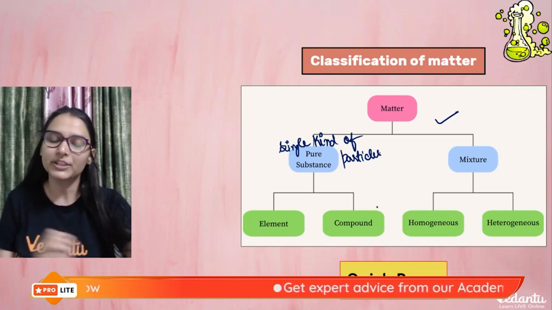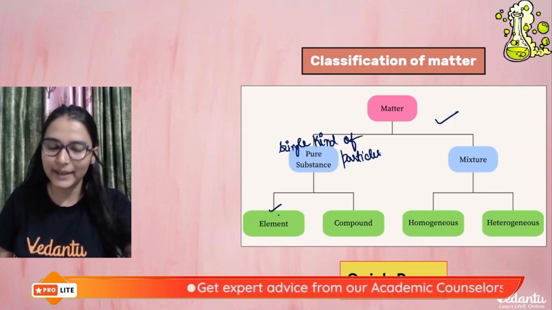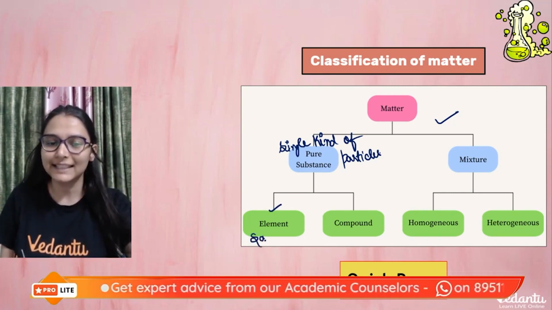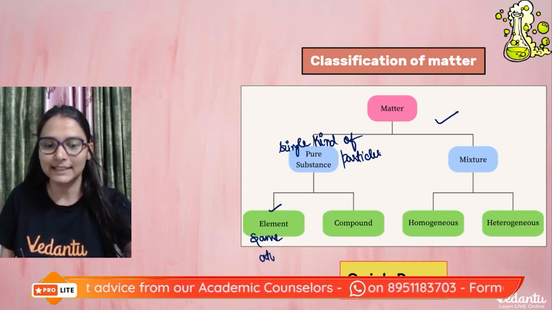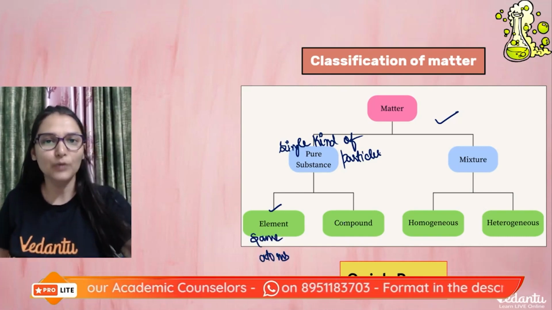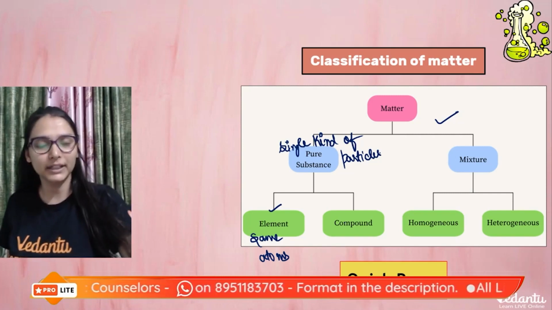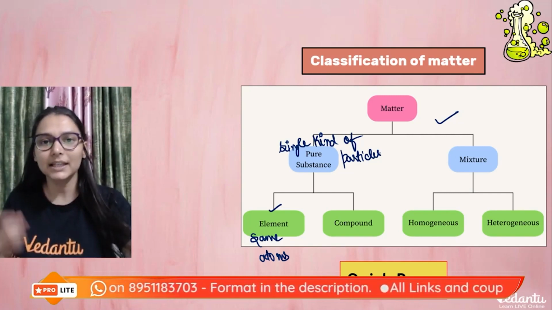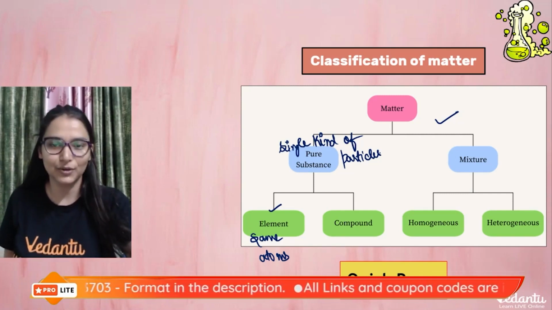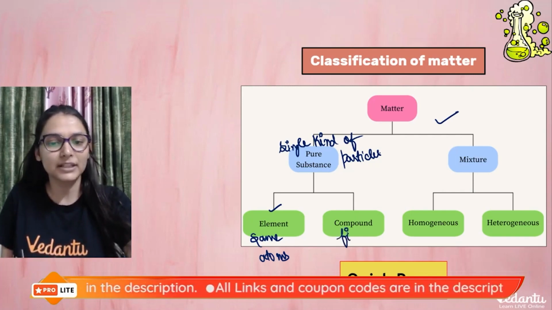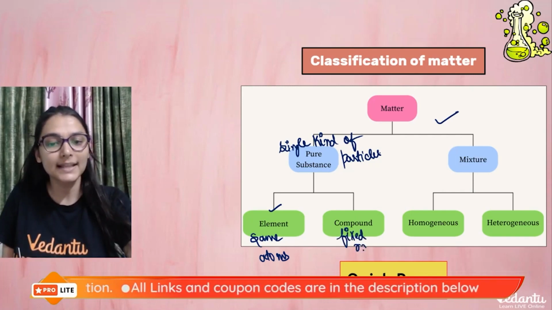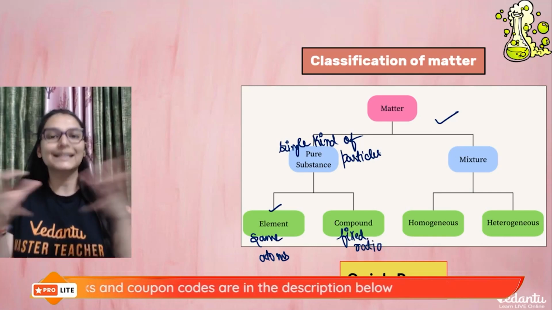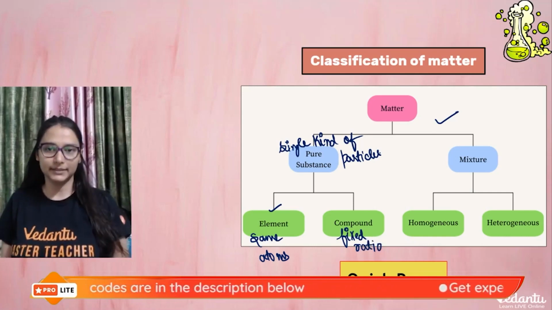Further, pure substances are classified as elements. Elements are made up of same type of atoms basically. Then we have compounds. Compounds have different elements but combined in a fixed mass ratio. That mixing is also chemical mixing.